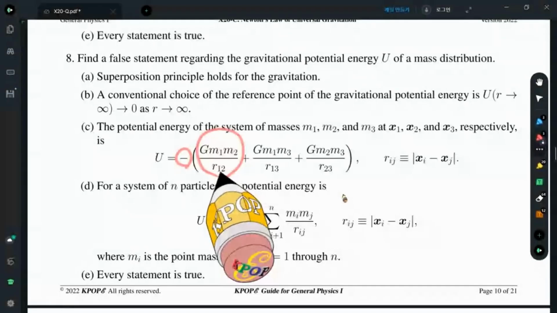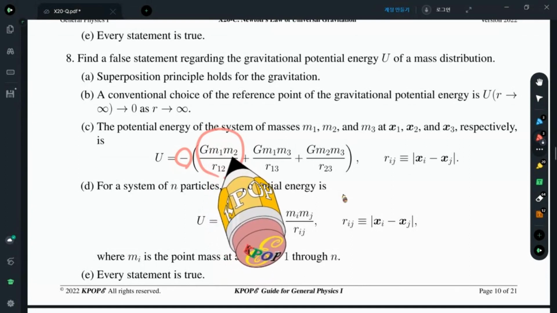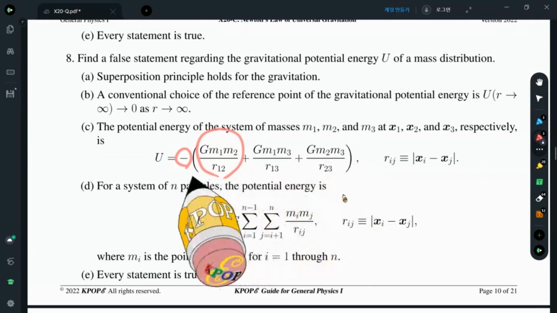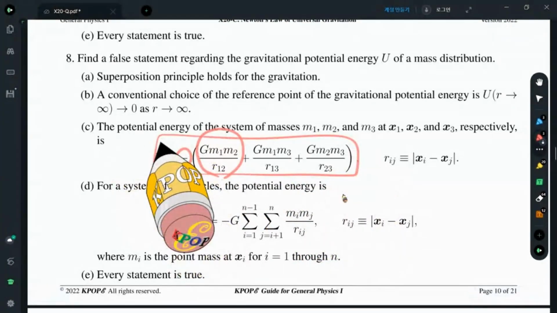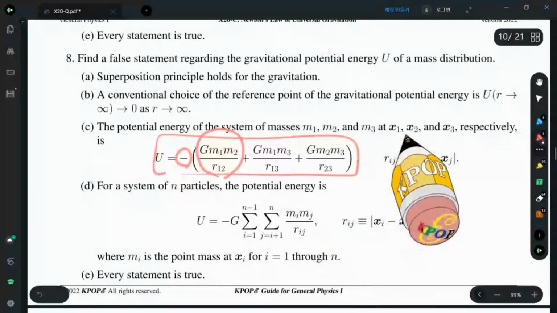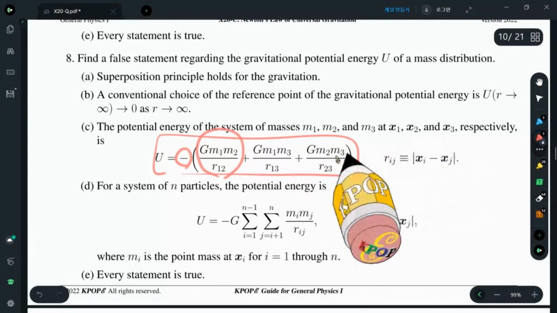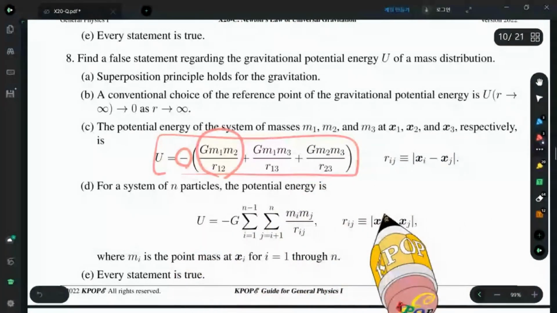But what happens when we have three particles? Then there are three combinations: 1 and 2 share the gravitational force, 1 and 3, and 2 and 3. So this is the total potential energy of the system of three massive particles, and that can be straightforwardly generalized to the n-particle system.